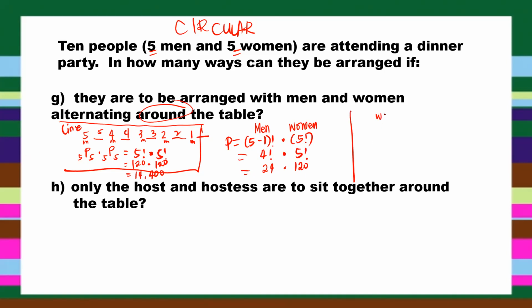Same thing with, for example, we chose to start the arrangement with women. So that's 5 minus 1 factorial. Then we followed it by men. Pareho lang yon. It's 5 factorial. So this is 4 factorial times 5 factorial. Pareho lang sila, right? So if that is 24 times 120, ano kaya yung answer ko dito?